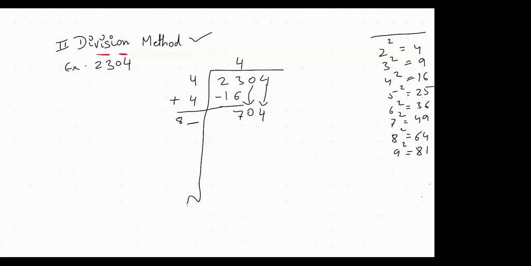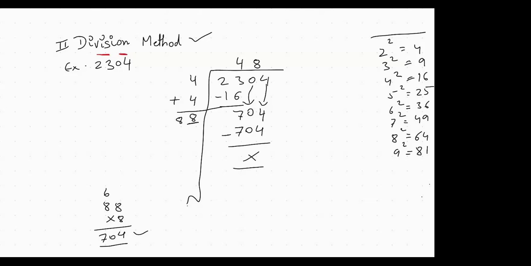Let's check 8. 88 into 8: 8 eights are 64, write 4, carry 6, 64 plus 6 is 70. Yes, I'm getting 704. So here I put 8 and here I put 8. 704 subtracted gives 0. So 48 is the square root of 2304.